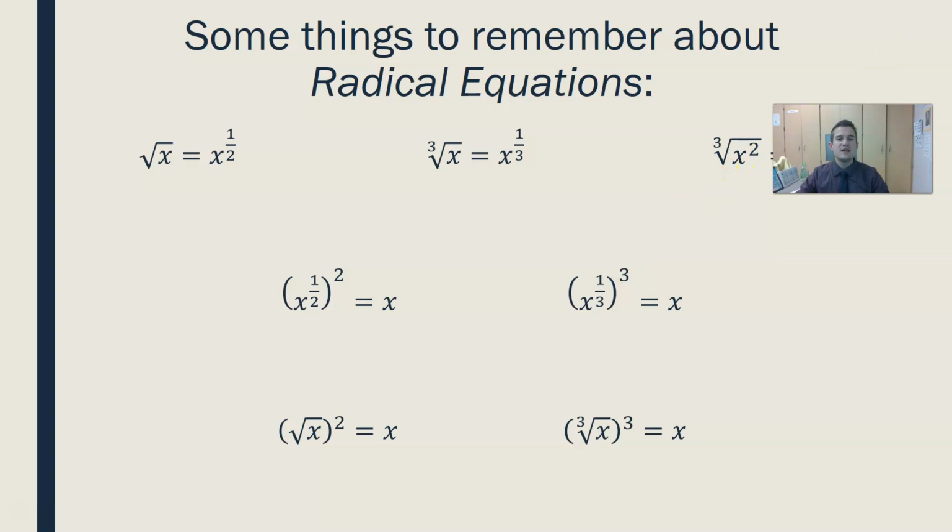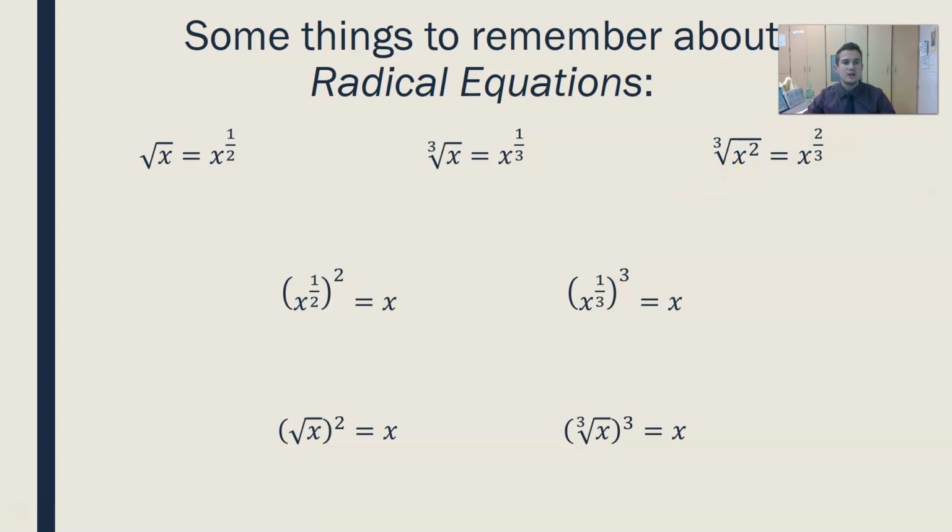So, a few things to remember about radical equations. Back in your former math experience, we've talked a little bit about this, but here are some things to remember as we move forward. The square root of x can also be written as x to the power of 1/2.